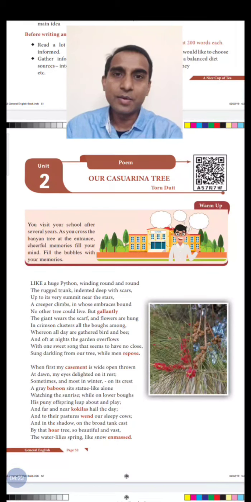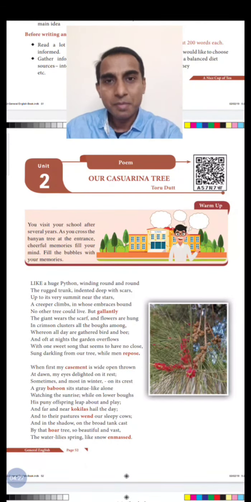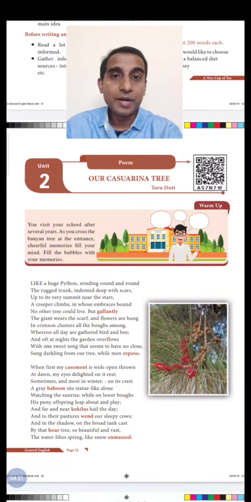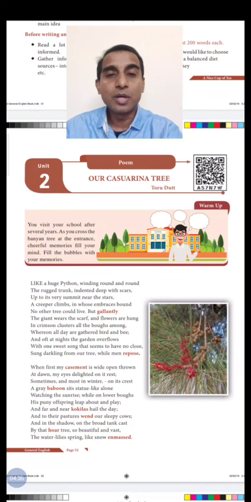Not only a tree, but the house which you lived in the past. When you go back to that house, you get memories, isn't it? The kind of people, the friends who came to your house, the relatives who came to your house, and so many thoughts.